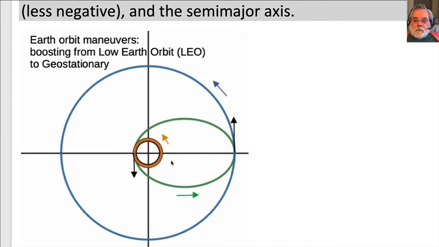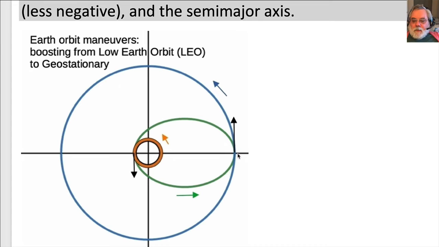First, from the orange circle, we apply positive thrust to increase our velocity, black arrow, to boost to the green ellipse, and we follow that ellipse from perigee to apogee. This thrust is called the perigee burn. It caused us to increase our angular momentum, our energy, and the semi-major axis.